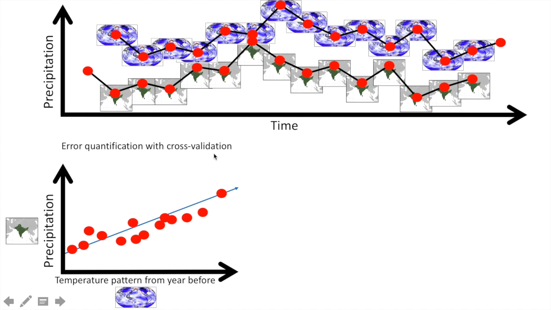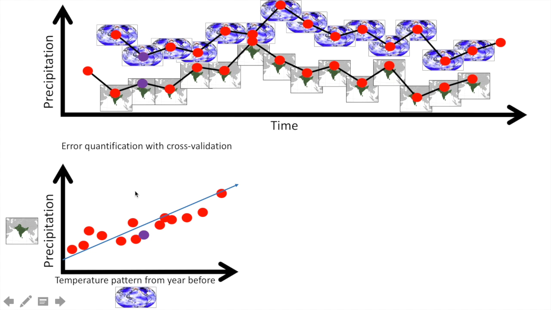And so what cross-validation does is you take each data point in turn and you essentially just define that as being a test data point. And the rest of the data points are then defined as training data. And so you pull out the test data point such that the statistical method is blind to that test data point. And so then it refits its statistical relationship based on only the training data.